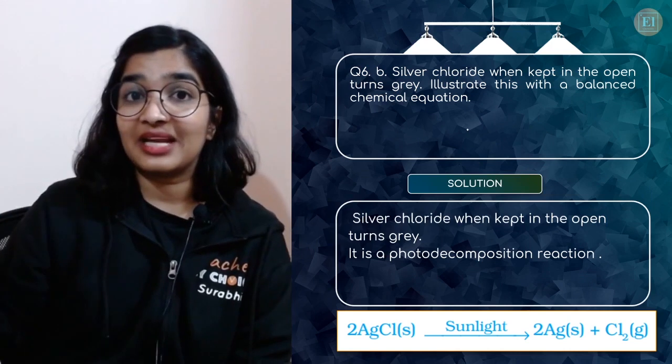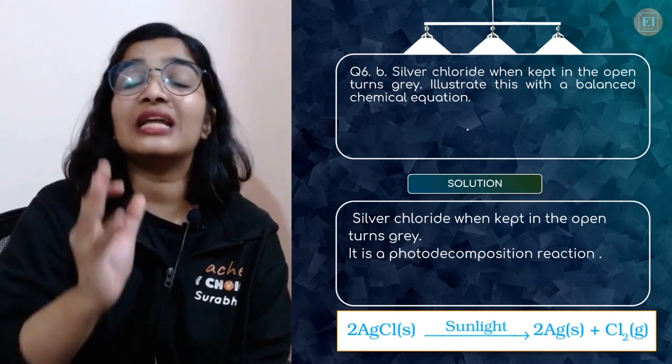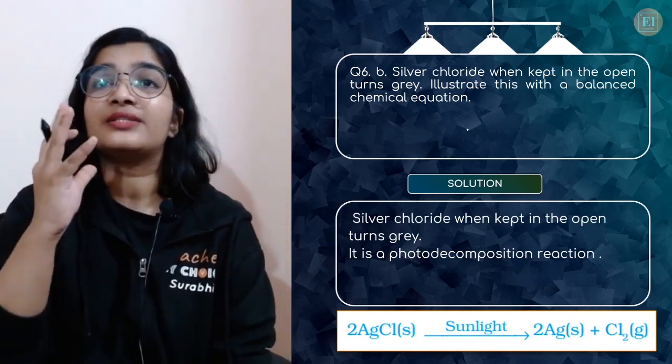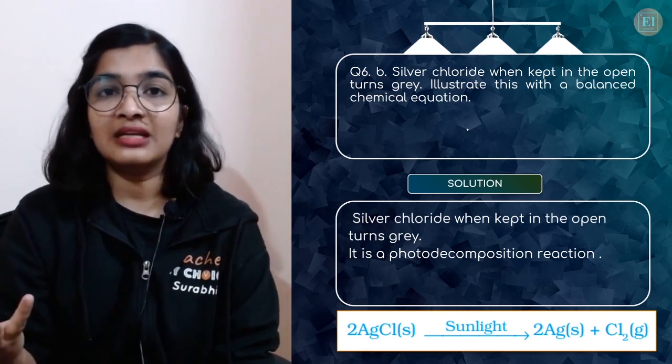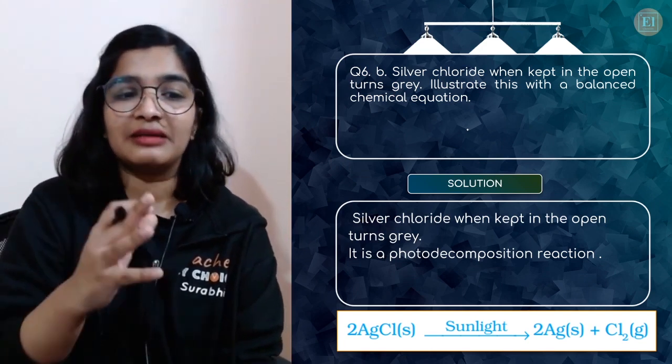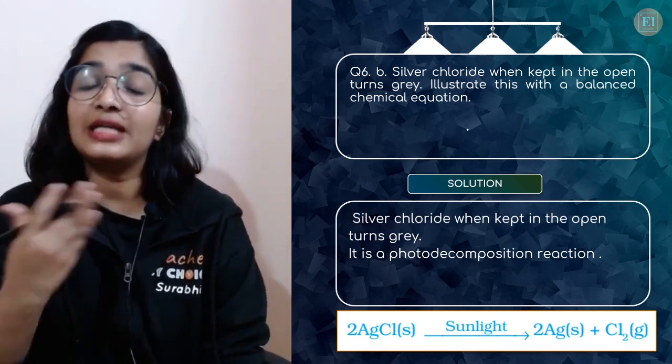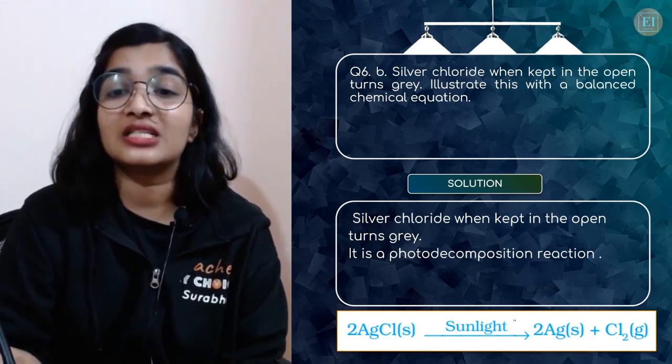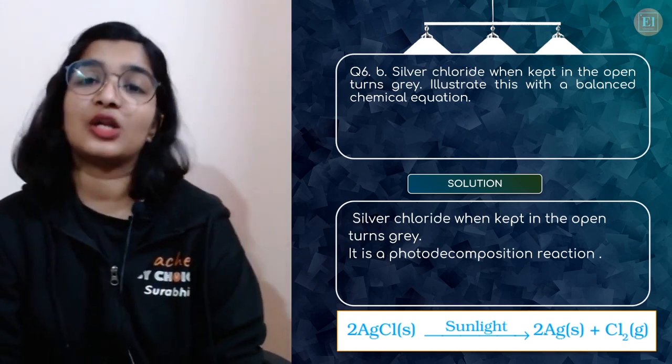AgBr is used in black and white photography. Here, AgCl, when exposed to sunlight, undergoes a decomposition reaction carried out by sunlight, and you will get silver and chlorine.